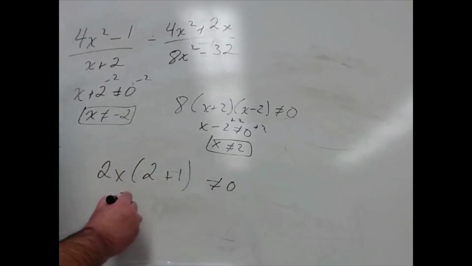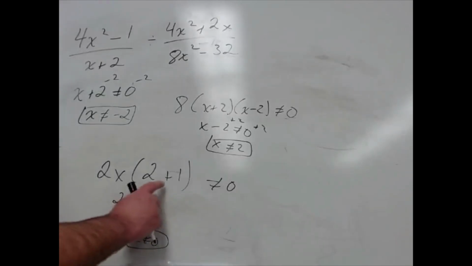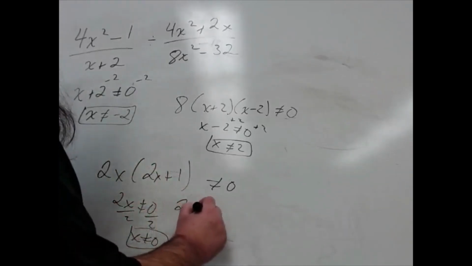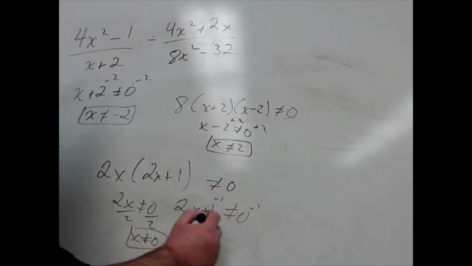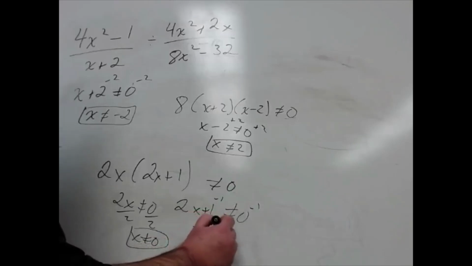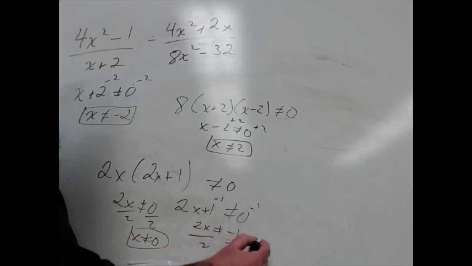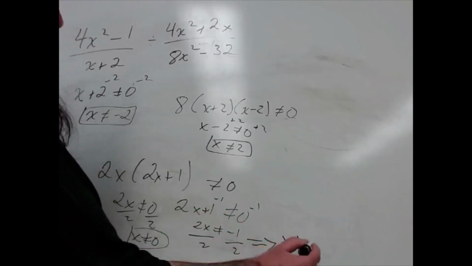So just divide both of those by 2, so x cannot equal 0. And the next one is from when 2x plus 1 cannot equal 0. So subtract 1, so 2x cannot equal negative 1. Divide both sides by 2. That tells me that x cannot equal negative 1 over 2.